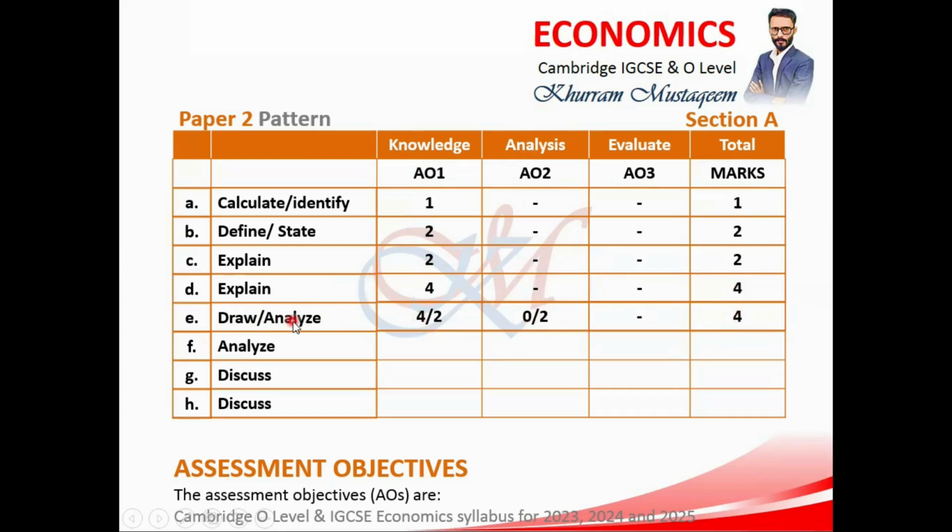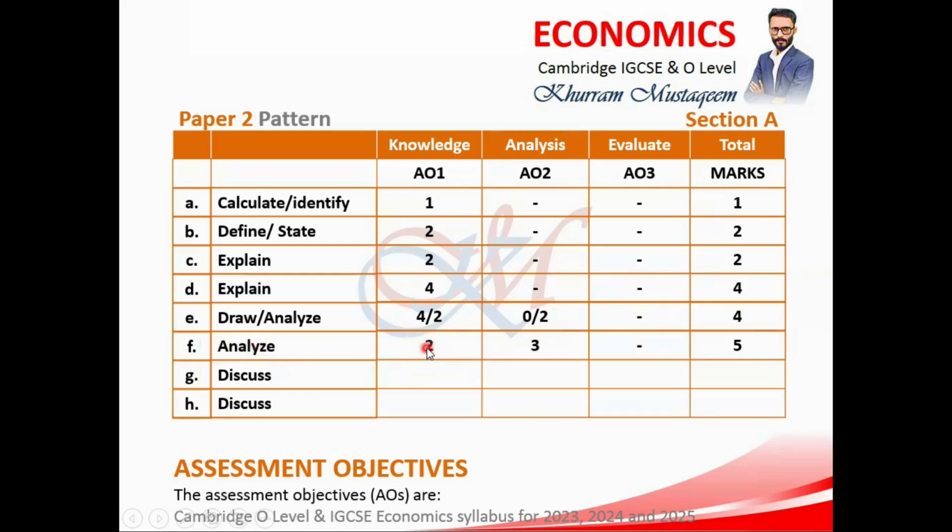But when the question comes with the word analyze, you have to write the answer in a theoretical way. It means you will get 2 marks on the basis of knowledge, and you will get 2 marks for the analysis. By adding 2 for knowledge and 2 for analysis, you will get 4 marks in total. Again, part F, the question comes with the word analyze.